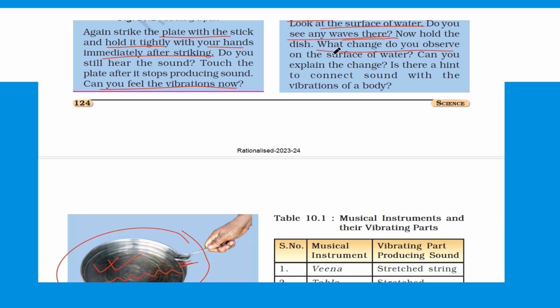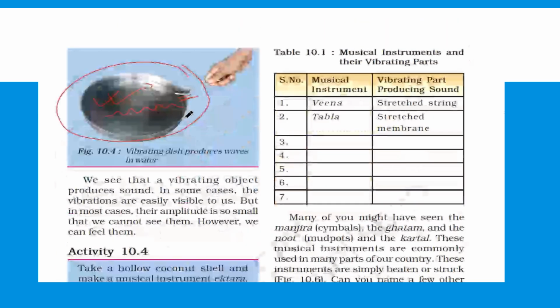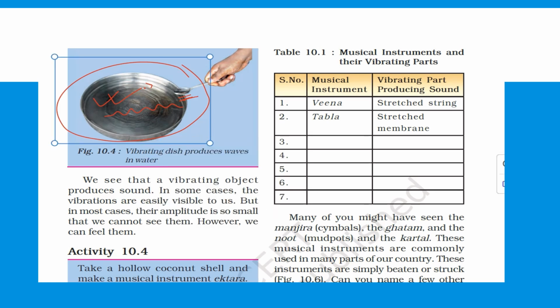What change will you observe on the surface of water? If you hold the dish, when the vibration stops, these waves will stop. Can you explain the change, and is there a hint to connect sound with vibrations of the body? Yes, obviously, when the body is vibrating, we can hear the sound. As soon as you hold the dish, the vibrations stop and you will not get any sound.